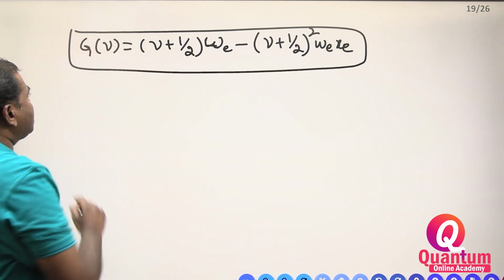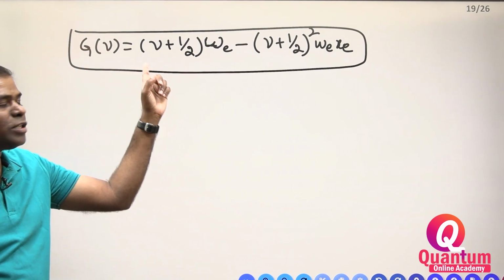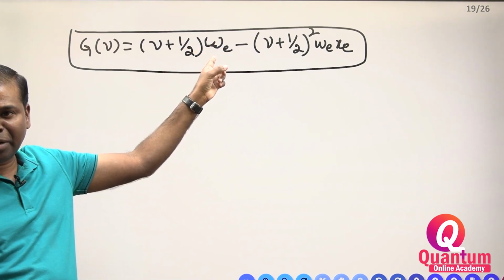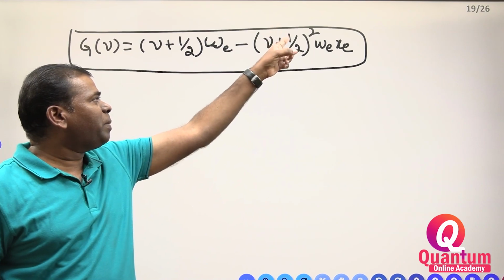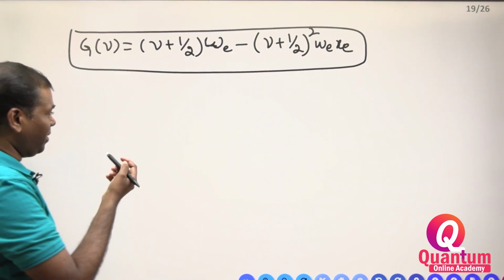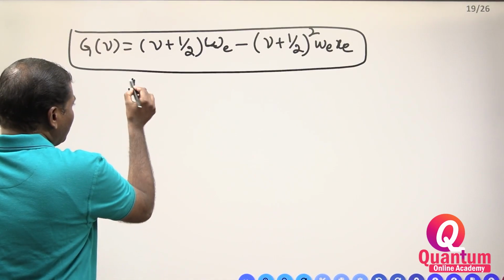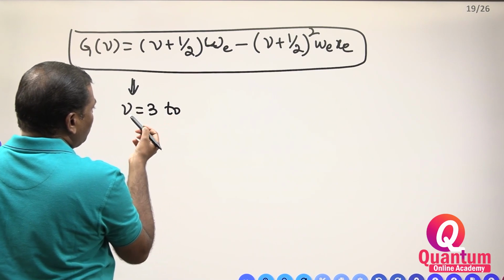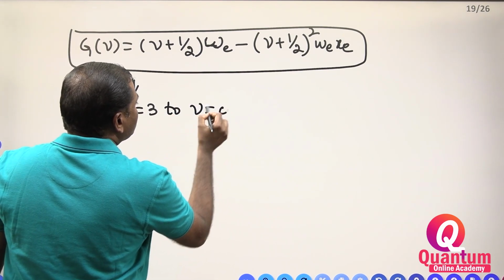This formula is G of nu is equal to nu plus 1 by 2 into omega e, this is the fundamental angular velocity, minus nu plus 1 by 2 whole square into omega e xe. What is our transition? Our transition is nu equal to 3 to nu equal to 0, the second overtone.